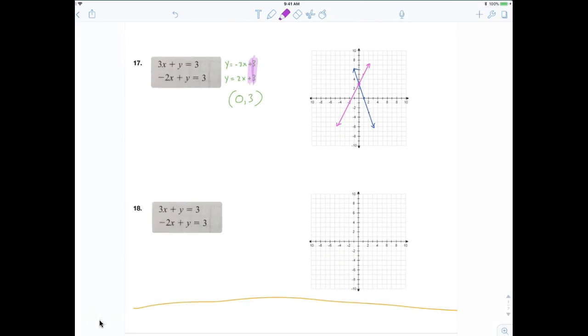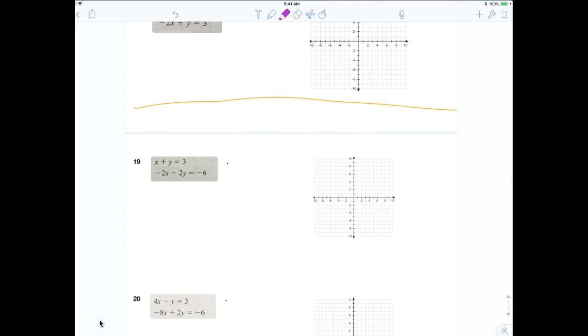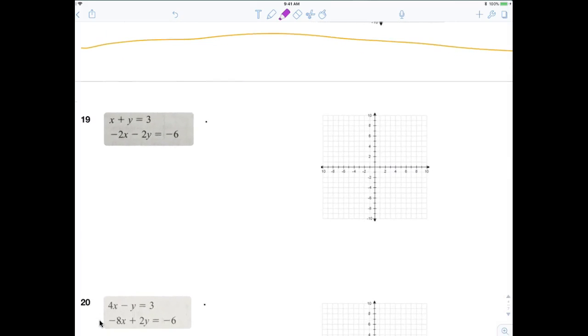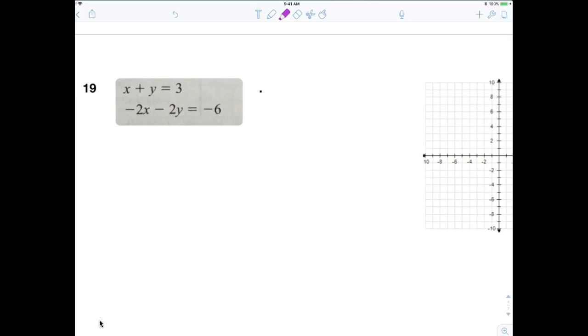So what I want to do now is let's do number 19. All right, everybody jump down to number 19 for me. So the first equation is what?